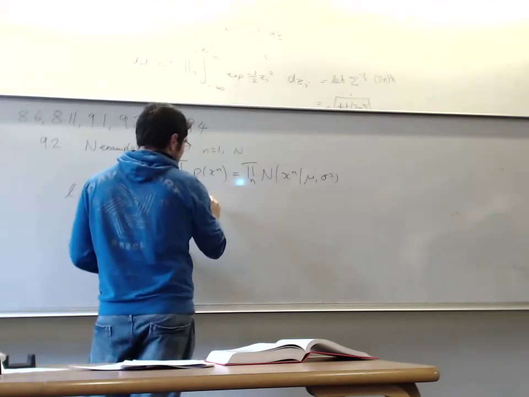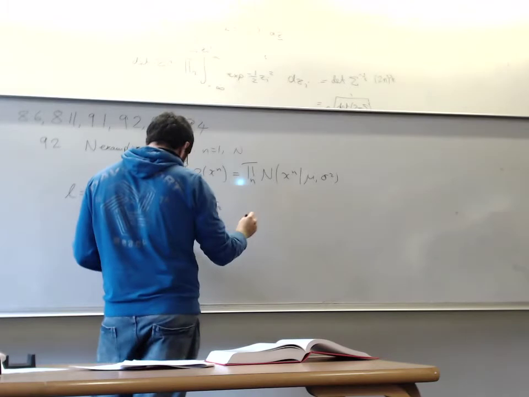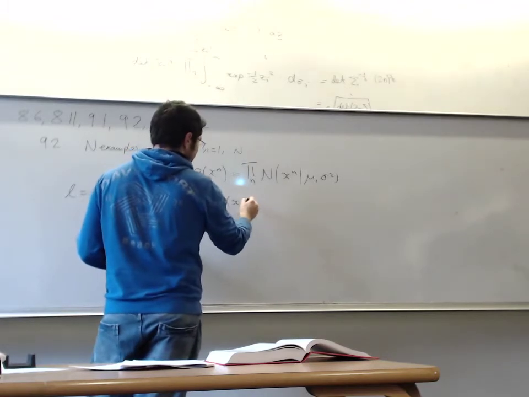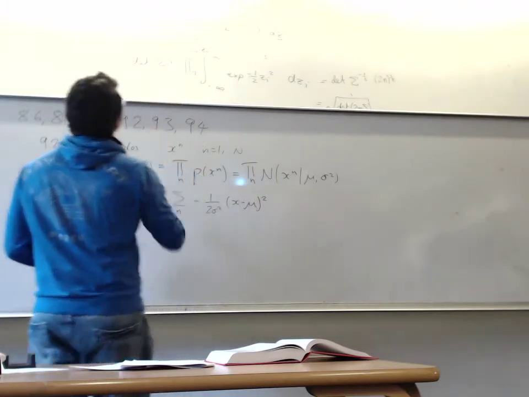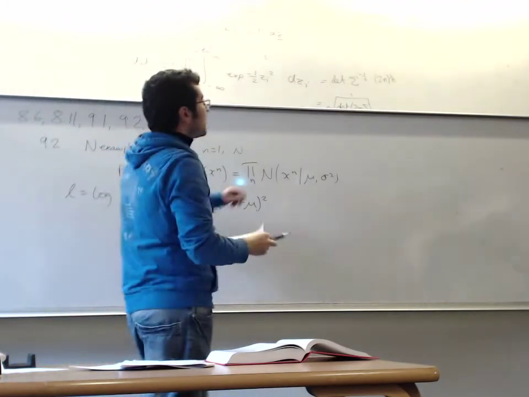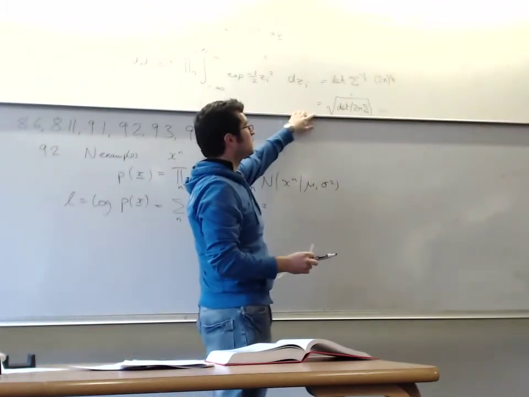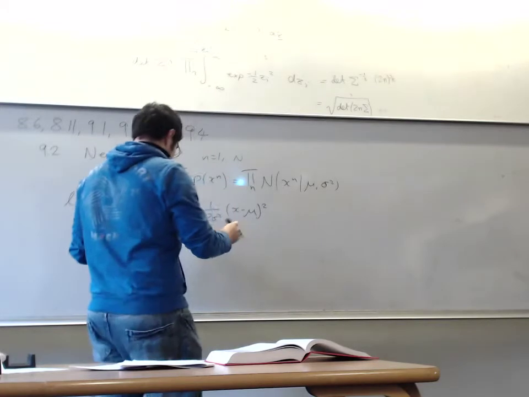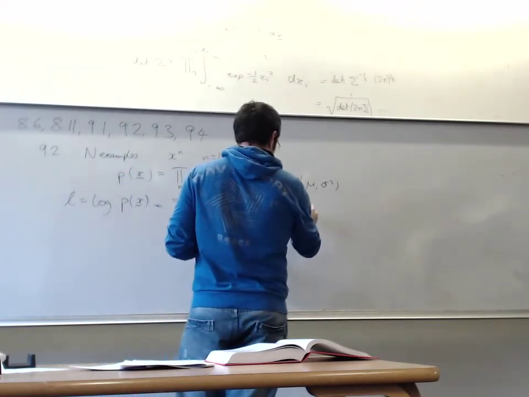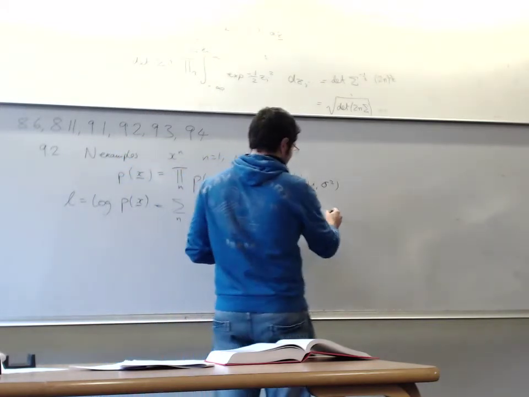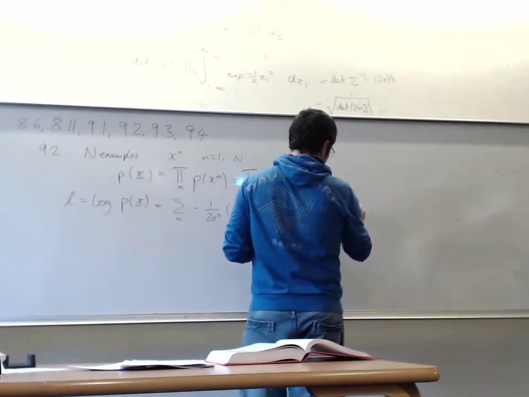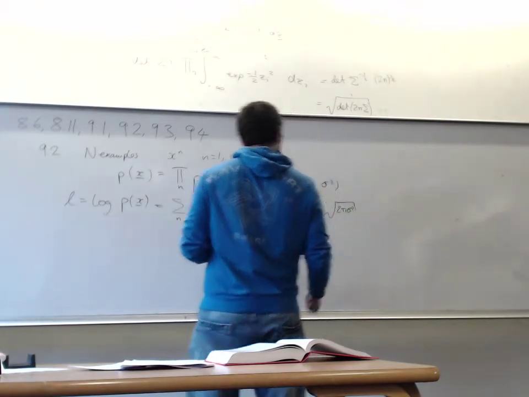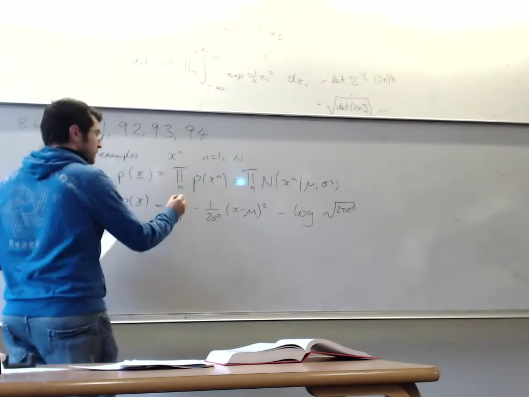So I have minus 1 over 2 sigma squared, x minus mu squared. But of course, I also have the normalization constant in the univariate case. So that's going to give me minus log of the square root of 2 pi sigma squared term, and this is for each n.